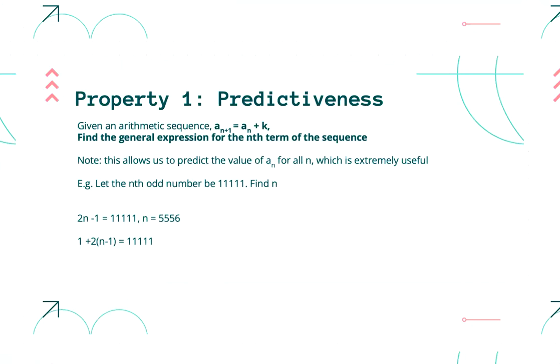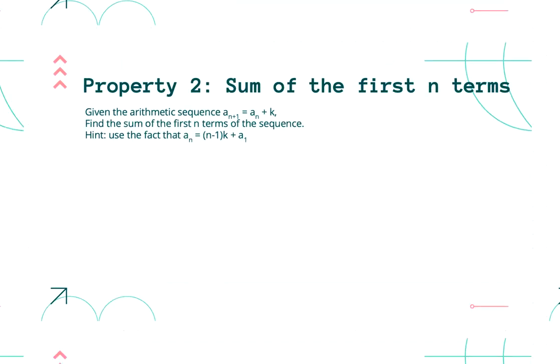Now let's talk about the sum of the first n terms in an arithmetic sequence. Find the sum of the first n terms of the sequence. Do we know how we could come up with a formula for the sum?